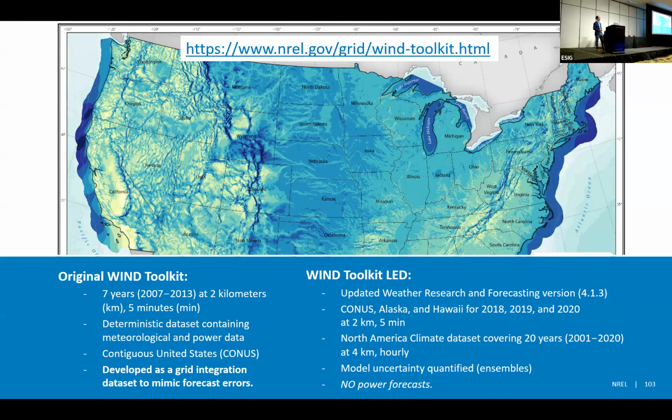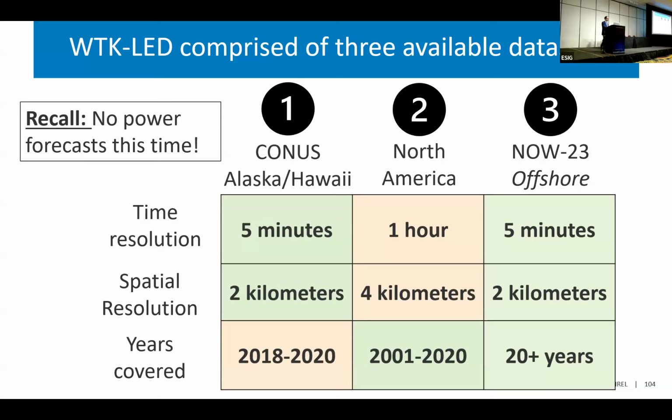Also importantly, for the historical Wind Toolkit, we released power forecasts based on a few power curves of then-current wind turbine technology. That is not part of the data set this time, and there is not the same sort of validation effort that was released with the last Wind Toolkit. That said, it's available online. It's not the same as the old data set, but we do hope that it's useful to some of the folks in this room, and we know it'll be useful to us at NREL.